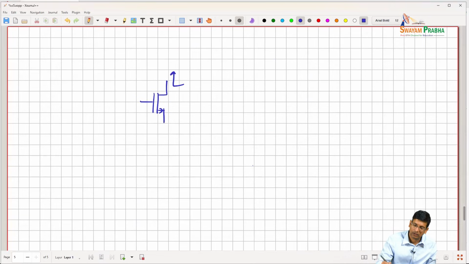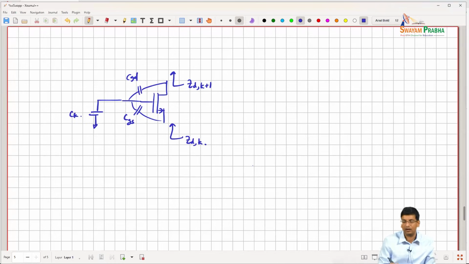Looking up, you'll see Z D K plus 1, right? And you are over here looking at Z D K, and there are capacitances here, right? So you have a network like this.